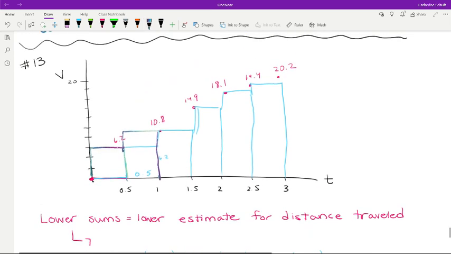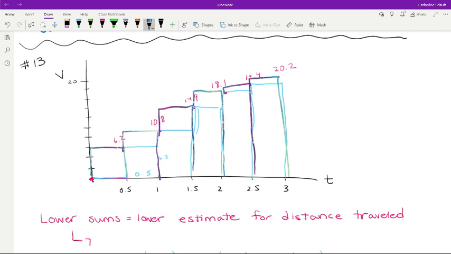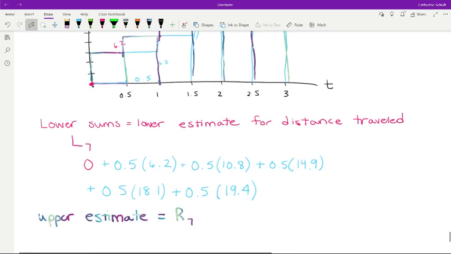Similar process. And again, the takeaway is if we're given velocity, we can find the distance traveled using the area. I won't write that all out; at this point, it's just some arithmetic. But that's how we can use area under velocity to find the distance traveled.